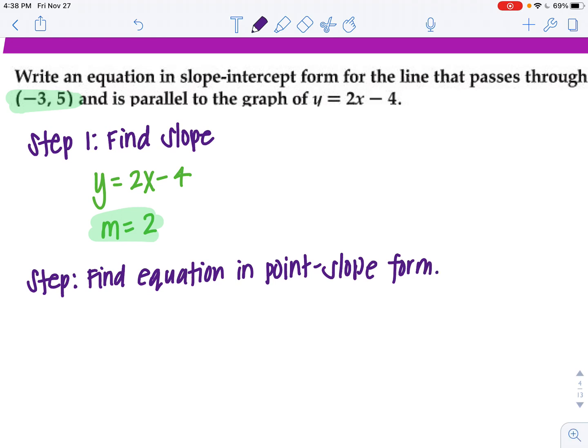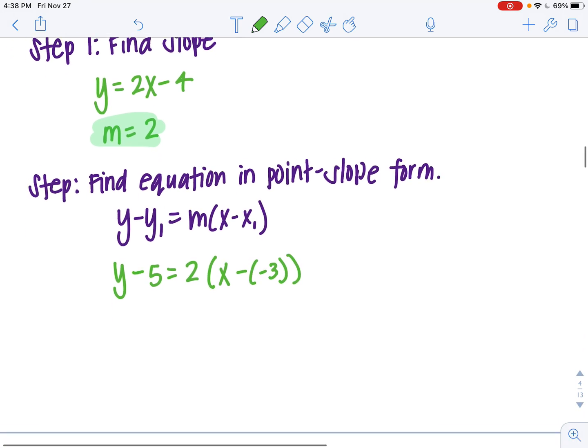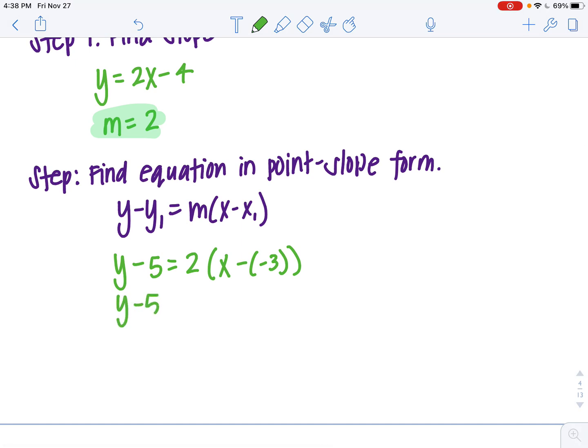Now you will remember that point-slope form is y minus y1 equals m times x minus x1. So you have an x1 and a y1 and an m. So we will say y minus 5 equals slope times x minus a -3. Now we will simplify.